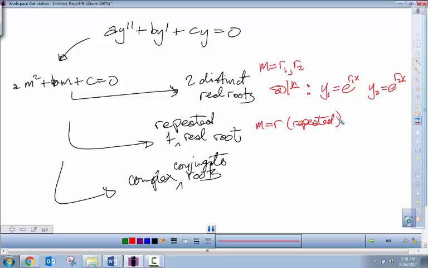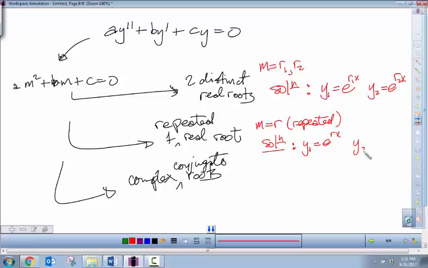The other scenario is that if you have a repeated root, which means it's a perfect square, you factor it, you get m minus r quantity squared. Then your solutions, the first one is just going to be that power, e to the rx.